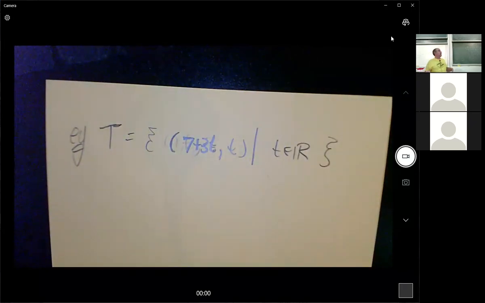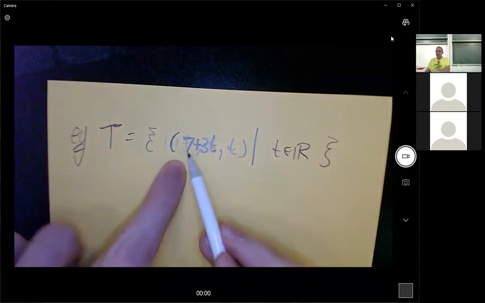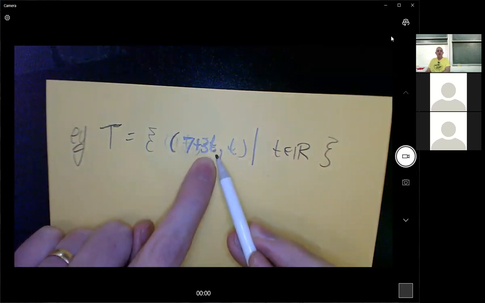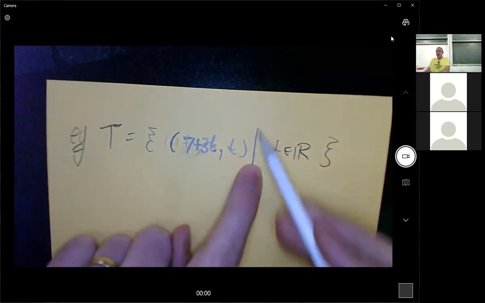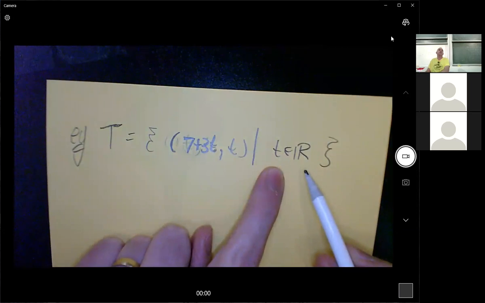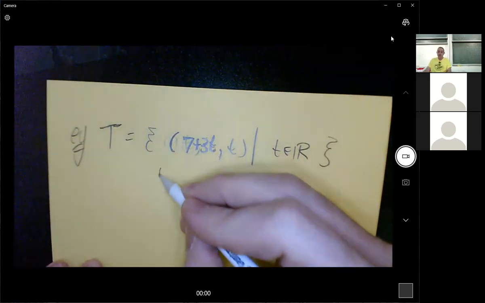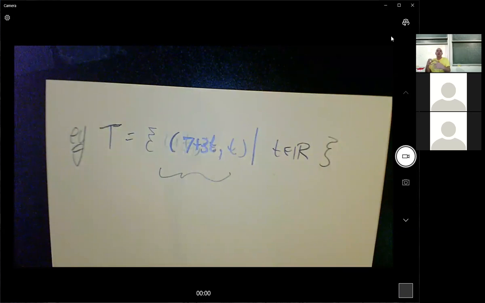So when you read this aloud, this is the set of things which have as their first coordinate 7 plus 3t and their second coordinate t, such that t is a real number. So this is giving you how to make the thing.